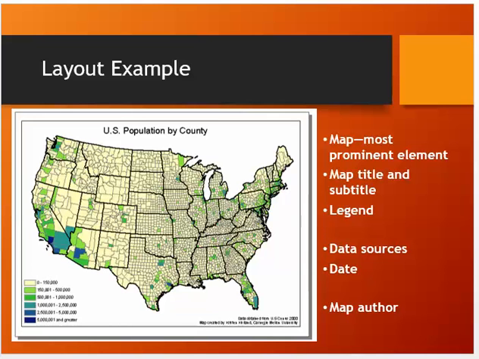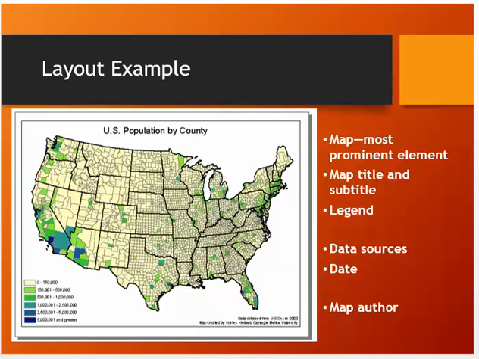So some of the elements that are present here, obviously the map, but you have a title of the data. You are showing a legend of the geographic scale of the data. We're showing here population by county, and so the colors, yes, can mean something. The legend tells the user what each color means. The map is sourced.